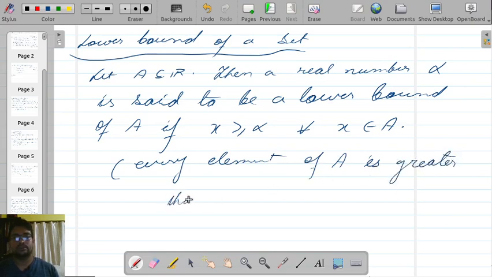If that happens, then we say that alpha is a lower bound of the set.